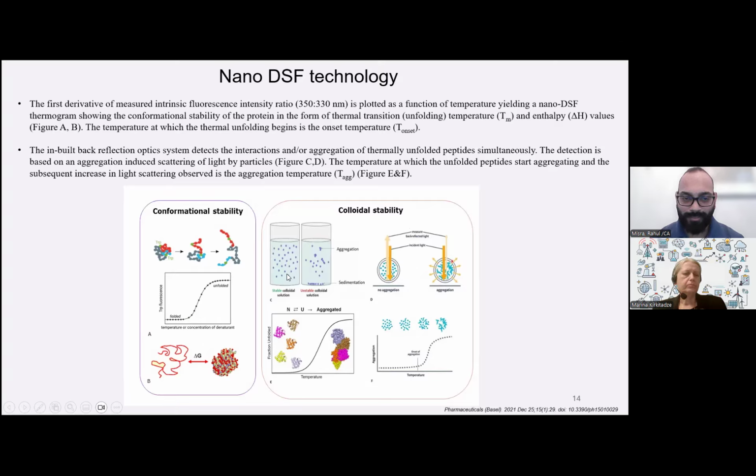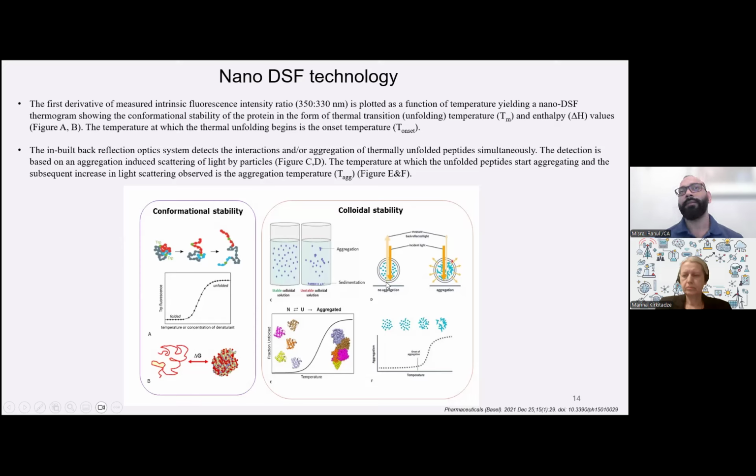Now the colloidal stability aspect. This is called a stable colloidal solution, as your vaccine candidates are fully suspended in the solution. An unstable solution is where they start aggregating, settling down, or crashing out of the solution. So this inbuilt scattering system works when there's no aggregation.